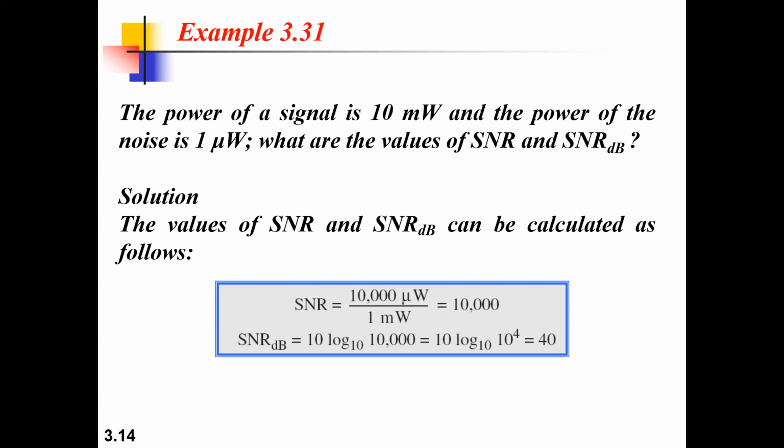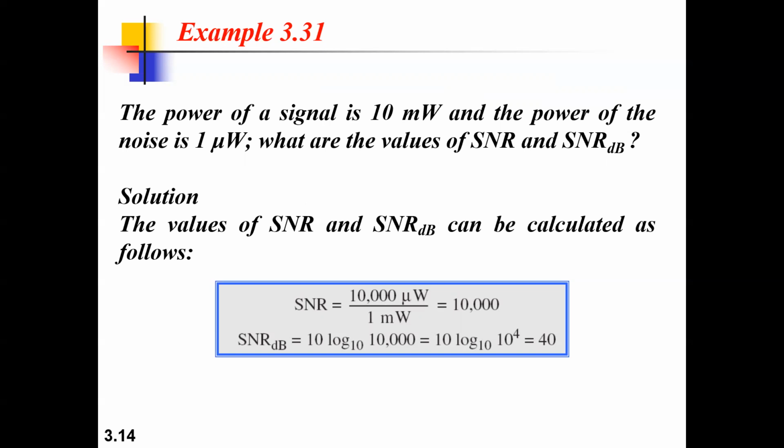Given an example here, it says the power of a signal is 10 milliwatts and the power of the noise is 1 microwatt. What are the values of SNR and SNR dB? Okay, so SNR is just calculated as a normal whole number or a value, right? It can be just a real number like 10,000 for instance.